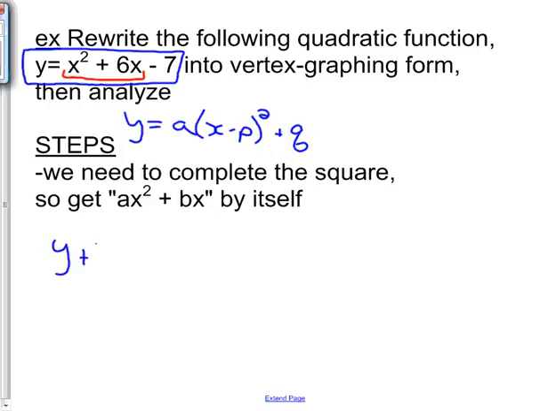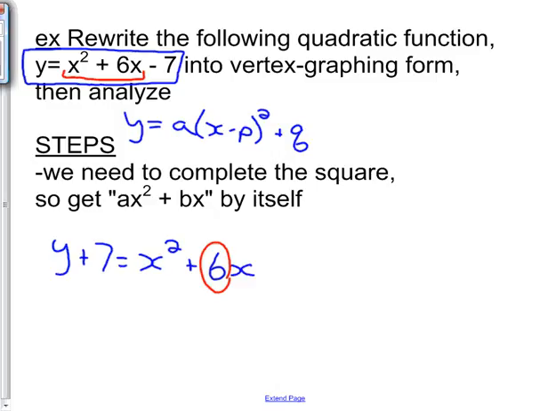And we're going to get something that looks like this. Add 7 to both sides. x squared plus 6x by itself. Do that thing where we take this number here, take half of it, square it, add to both sides.